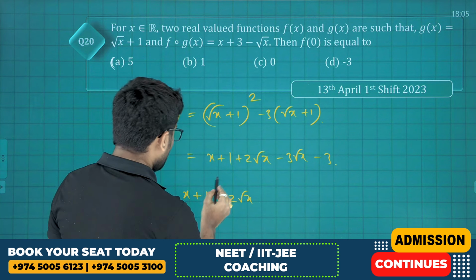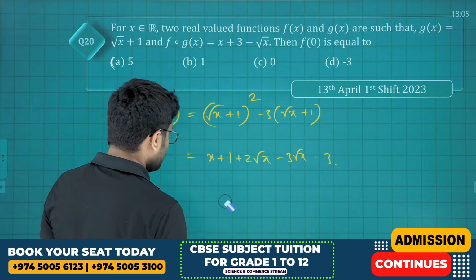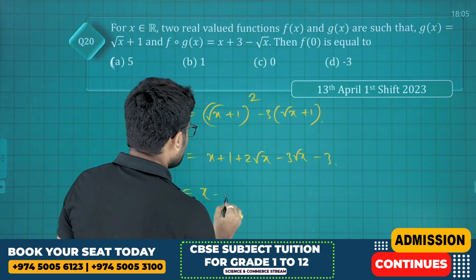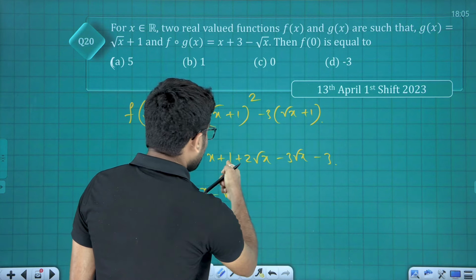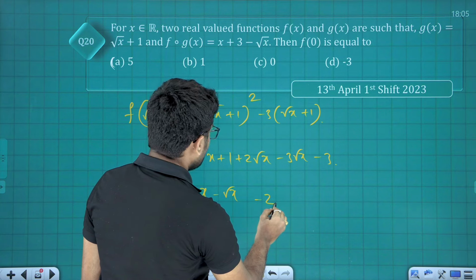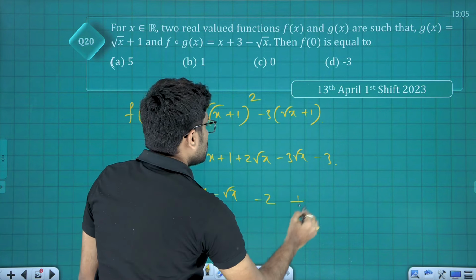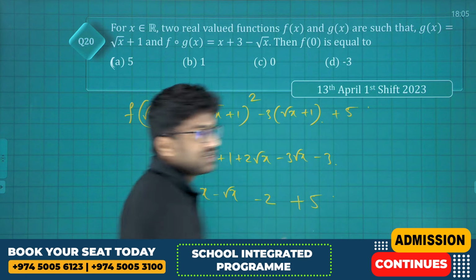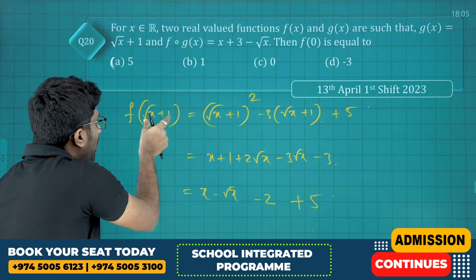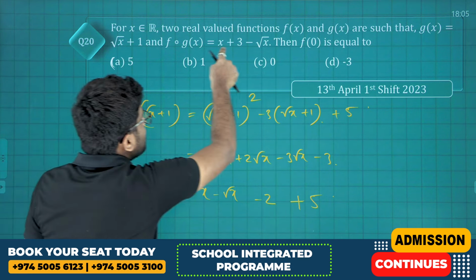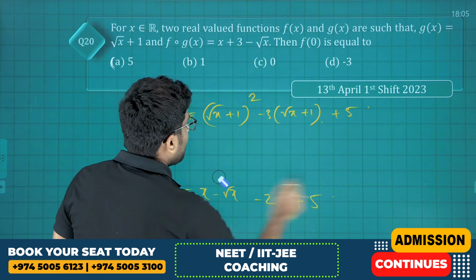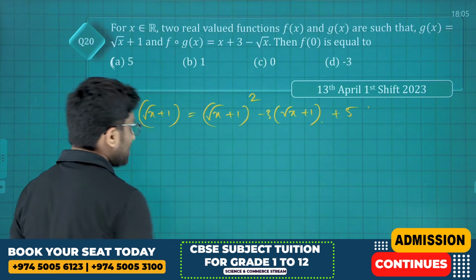What have we got? 2 root x minus 3 root x is minus root x, minus 3 plus 1 is minus 2, but we need plus 3, no? So let's add plus 5 here. That's it. We have expressed x plus 3 minus 3 root x as (root x plus 1) whole square minus 3 times (root x plus 1) plus 5.